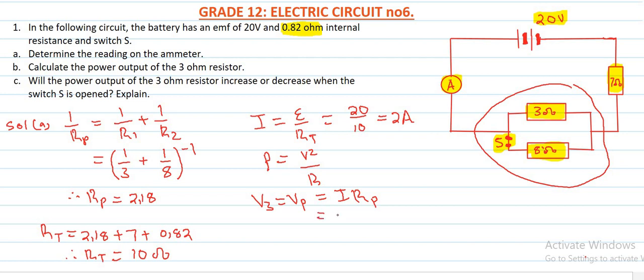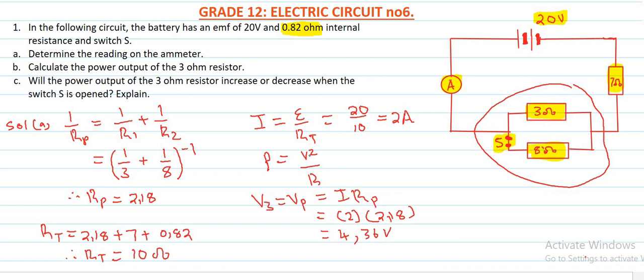Our current we calculated, we got 2. Our total resistance in parallel was 2.18. Therefore, the voltage that flows through the 3 ohm resistor will be 4.36 volts. Then if we have the voltage, we can calculate the power.